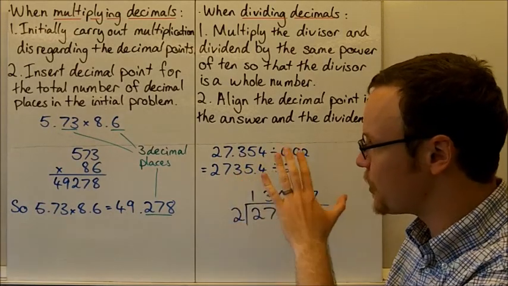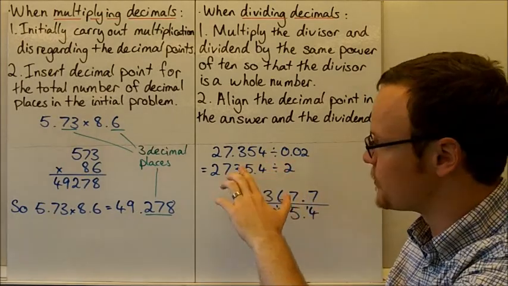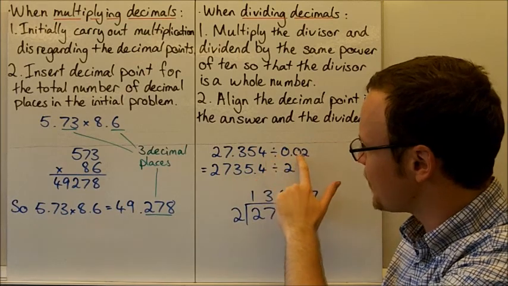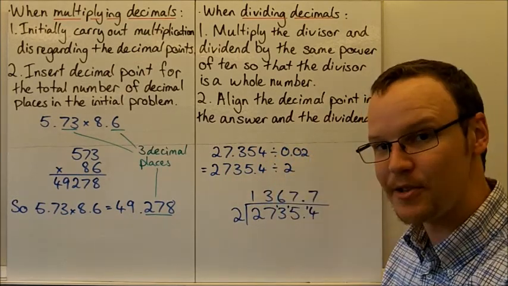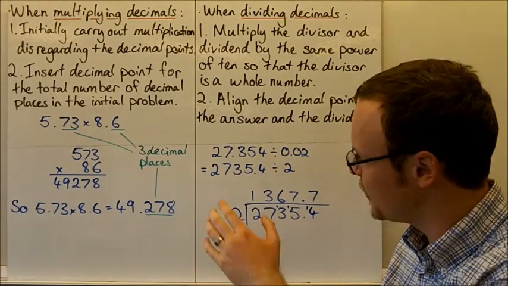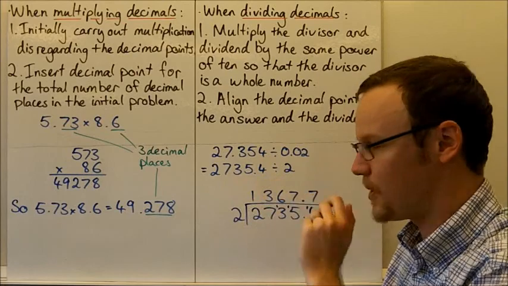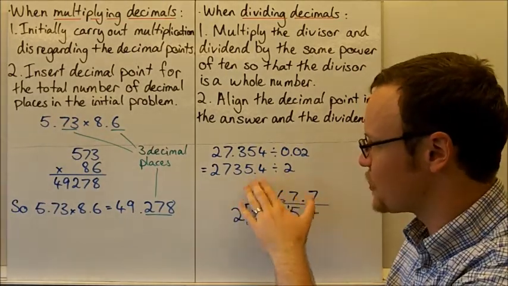Let's have a look at this problem first. 27.354 divided by 0.02, we need to make this a whole number. So we can do that by shifting the decimal point 2 places to the right. That's the same as multiplying by 100. So we multiply the dividend and the divisor by 100. The reason that we can do that is this is very much like a fraction.